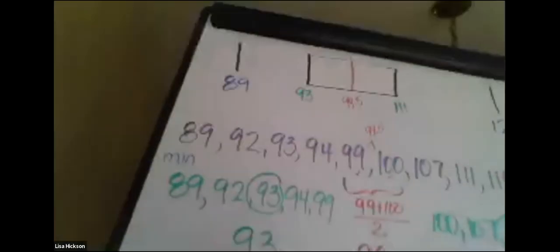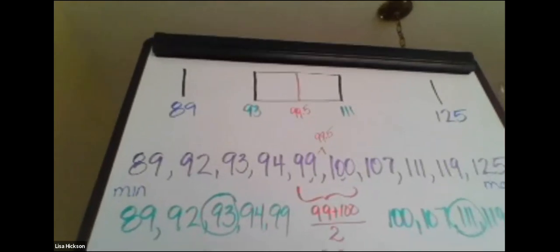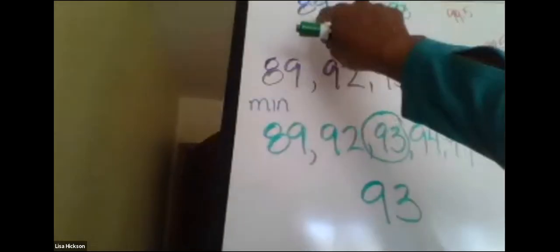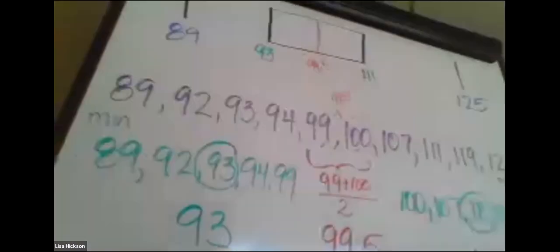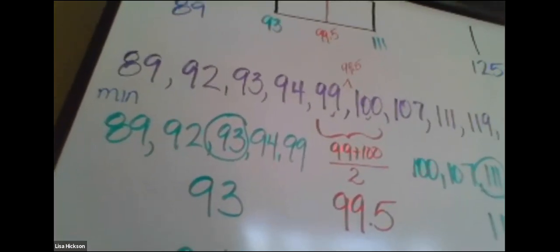So now let's talk about the whiskers. What's the distance between 89 and 93? What's 93 minus 89?